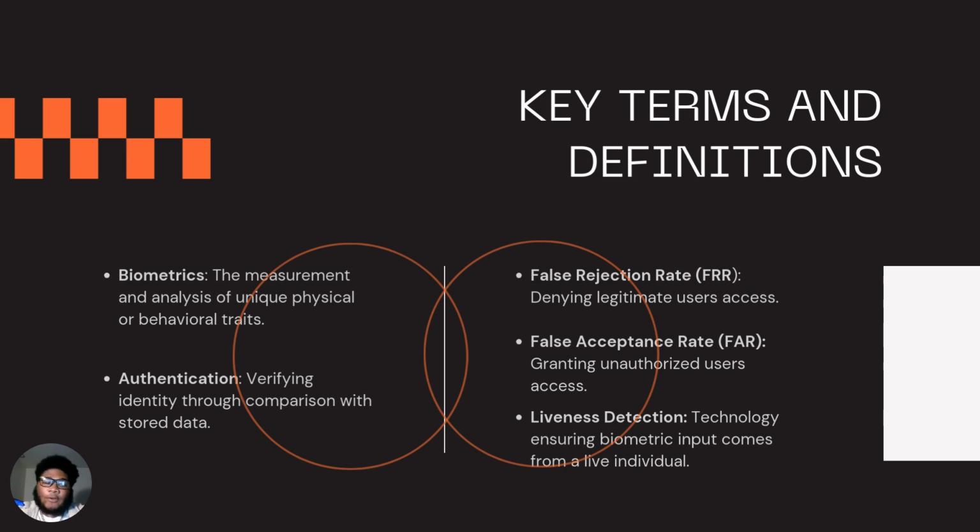Next on our list, we have false rejection rate, or FRR, which measures how often legitimate users are denied access. Then that leads us to false acceptance rate, which is FAR, and it measures how often unauthorized users gain access over accounts.